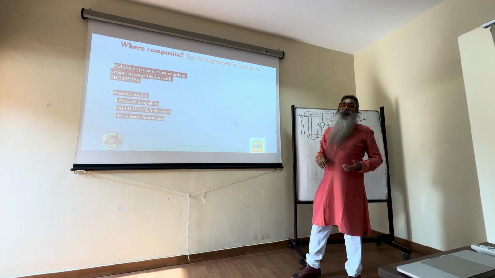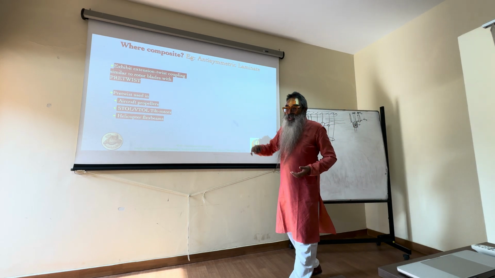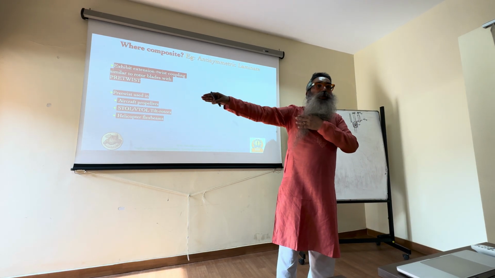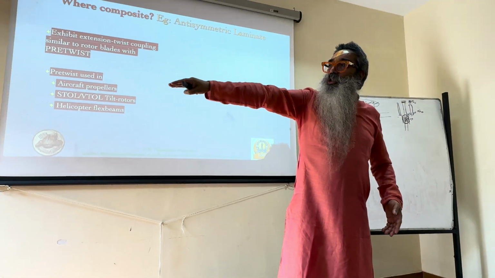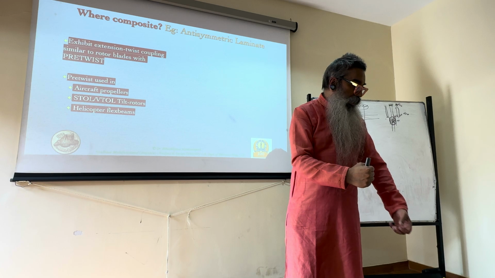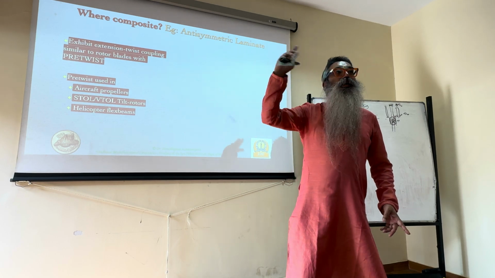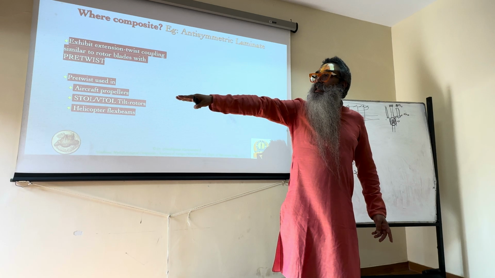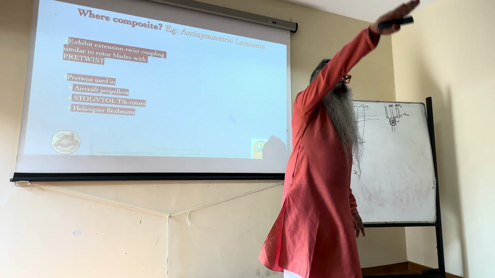So one example of that is what is known as a trapeze effect, where the extension and the twist are coupled with each other. Extension due to the centrifugal force, twist due to the pilot's controls, as we talked about earlier, the cyclic pitch stick and the collective pitch stick, and the aerodynamics that is there, and the 90-degree phase lag that I was talking to you about, increasing the pitch and increasing the flap.